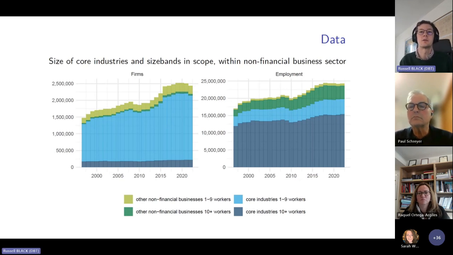By using employment shares as weights, it gives contribution to companies by how many workers they have, whether they're low productivity companies or high productivity companies. It's not promoting the low productivity companies any more than the low productivity companies exist as a share of the workforce. And that's how important the low productivity companies are.